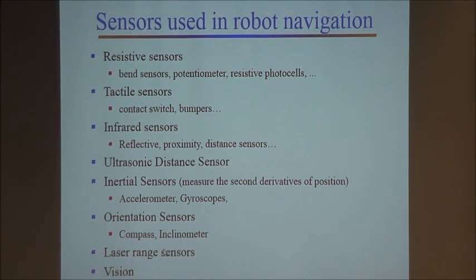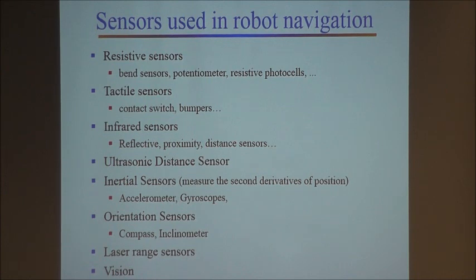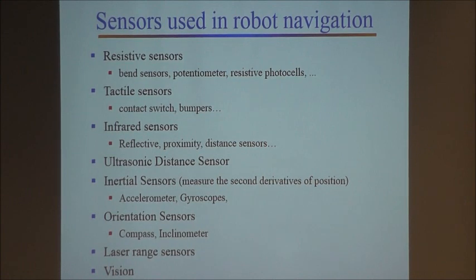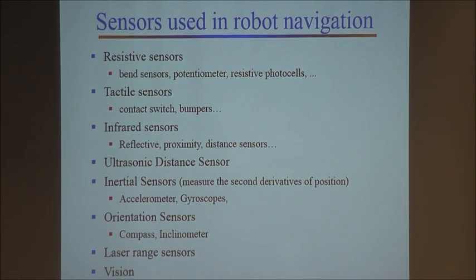Inclinometer, for example. Laser range sensors, vision and GPS sensors. One of the things that I would have, if I had thought about it, I would have looked in preparing for this lecture. I would have tried to find out, if possible, what are the sensors on a driverless car?